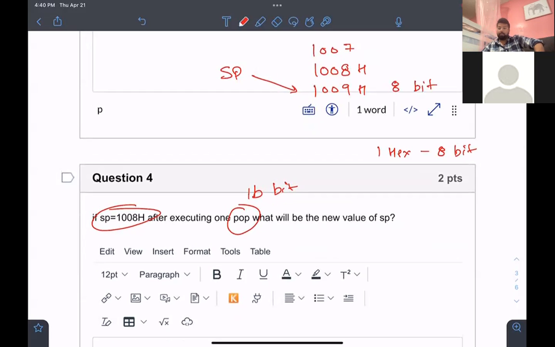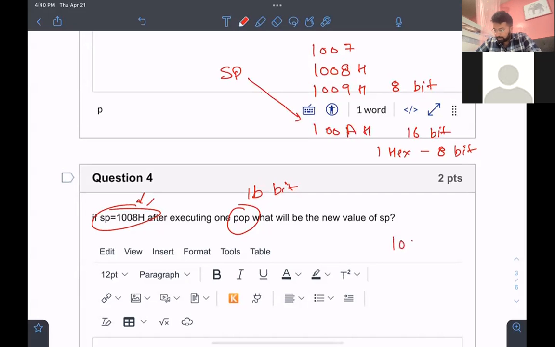But we know a pop actually moves 16 bits, so I can just say 1008H. Since initially it was 1008, after using the pop command it will add 16 bits to the current address, and the answer is AH.